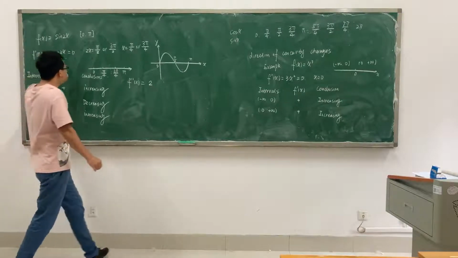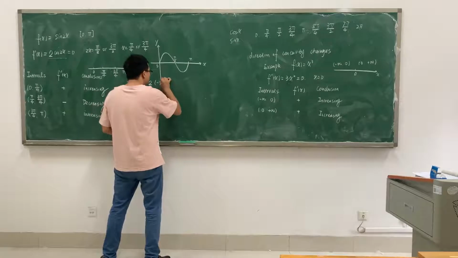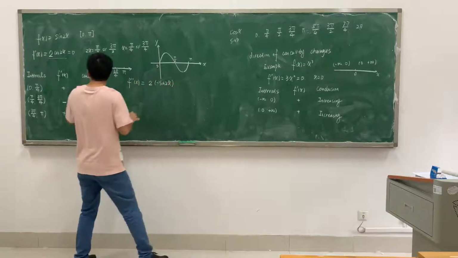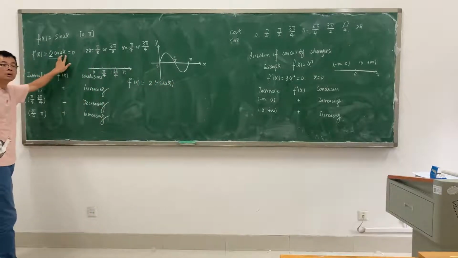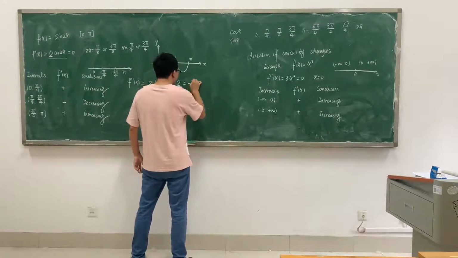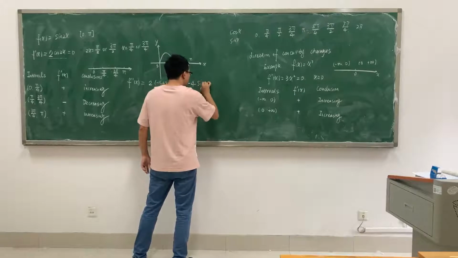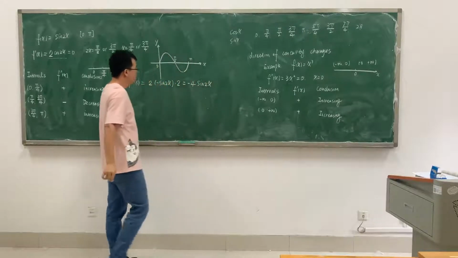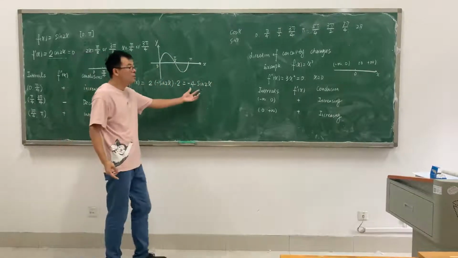Minus sine, yes. So here is minus sine 2x, and the 2x derivative is 2, so times 2. So the result actually is minus 4 sine 2x. It's the same, okay? We let it equal to 0.